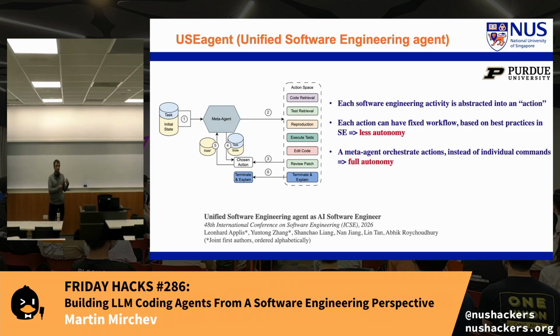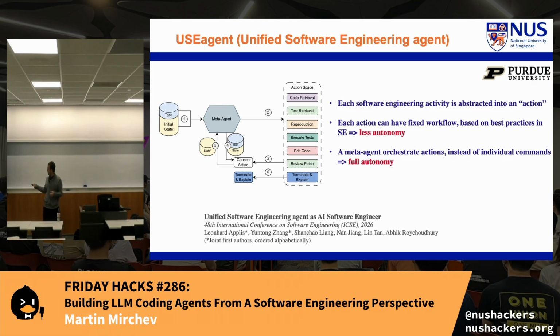So this is where the USEagent comes in. This was work done together with colleagues from Purdue University, where the focus was on having a unified agent with a collection of common actions, such as write a test, run the test suite, write a patch, collect additional context, and read documentation.